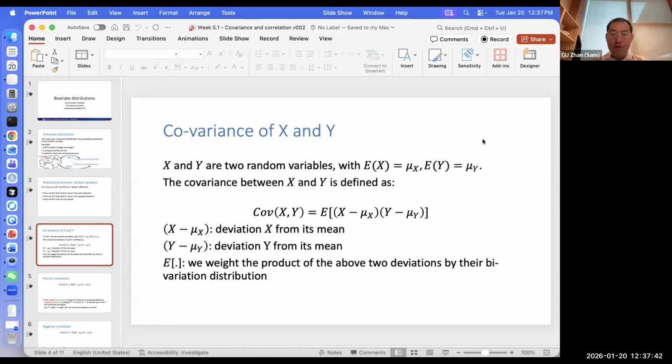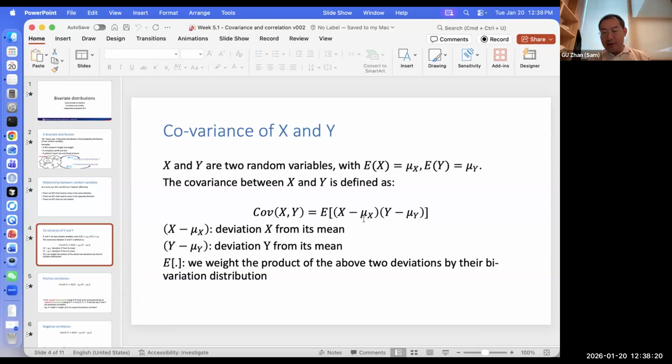So covariance of X and Y, how do we measure the relationship, whether they're moving in the same direction or different directions? We can use a measure called covariance. Covariance uses this formula: the expected value of X minus the mean value mu x, times the second random variable Y minus mu y, multiplied together.